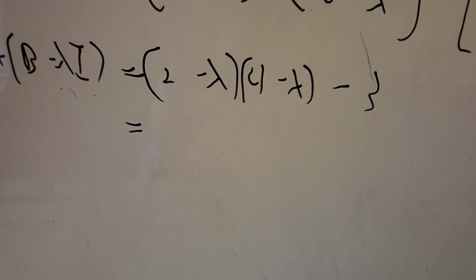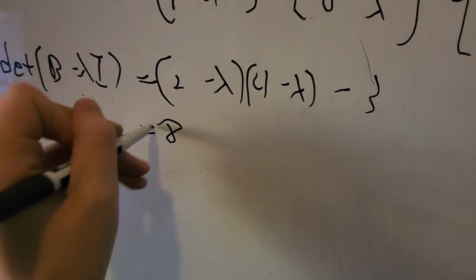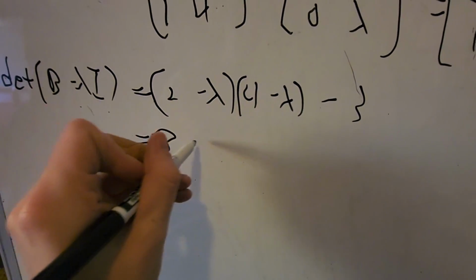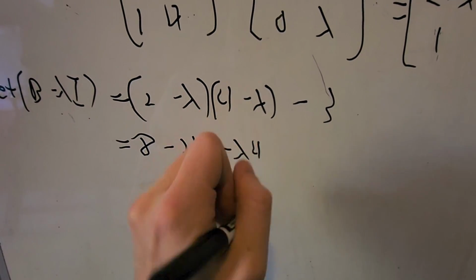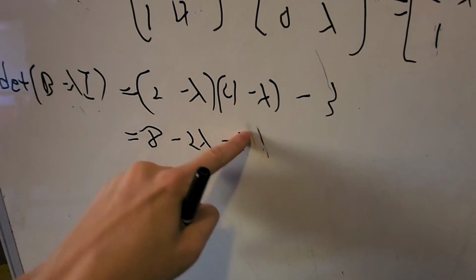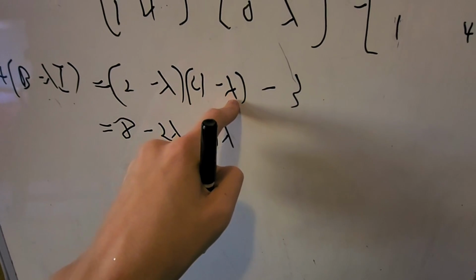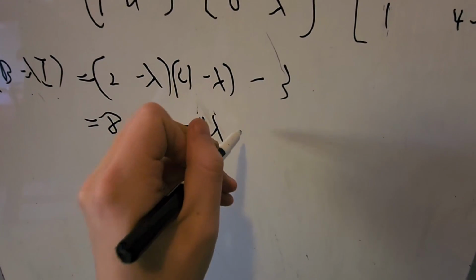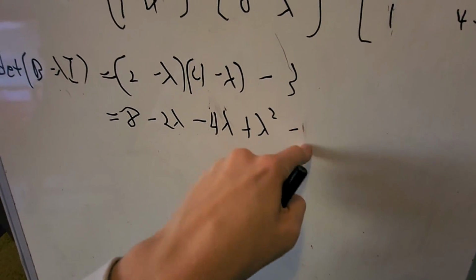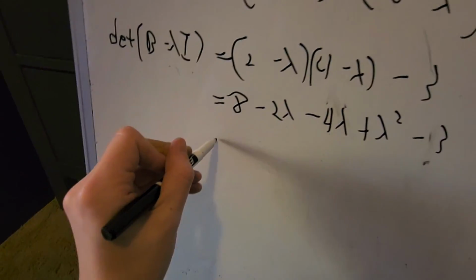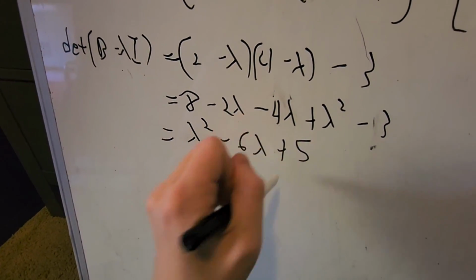Okay, back to FOIL, Algebra 1. 2 times 4 is 8. 2 times negative lambda is negative 2 lambda. Negative lambda times 4 is negative 4 lambda. And negative lambda times negative lambda is positive lambda squared. And then minus 3 for this term out here. Okay, let's simplify this. Lambda squared minus 6 lambda plus 5.